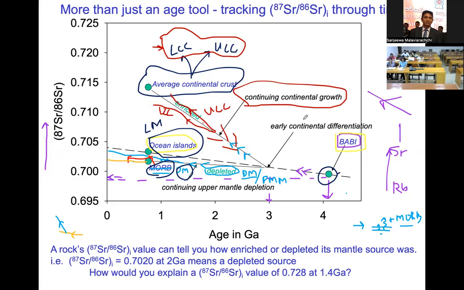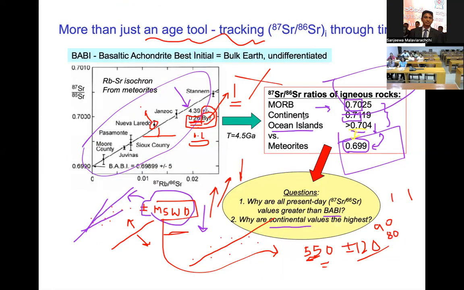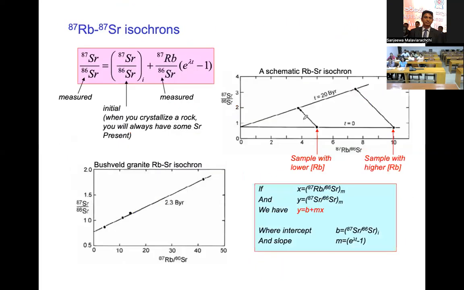Right. So all these concepts that we have discussed, you have to keep in mind the principles of these isochrons and the age equation or general equation. So this is not only for rubidium strontium.